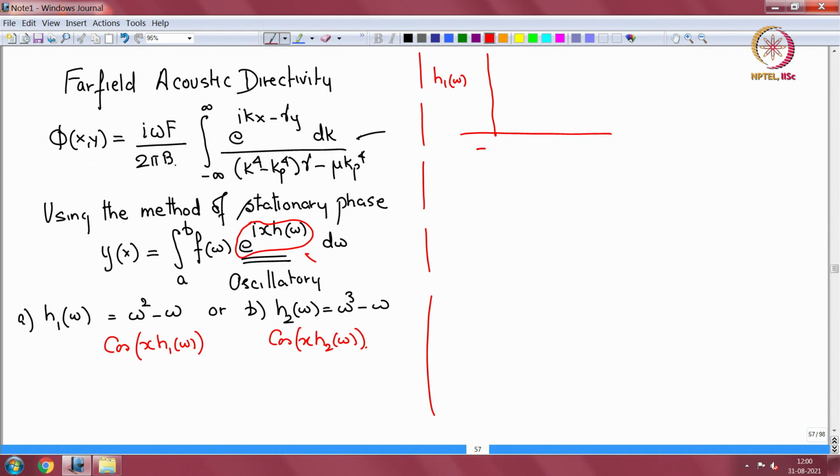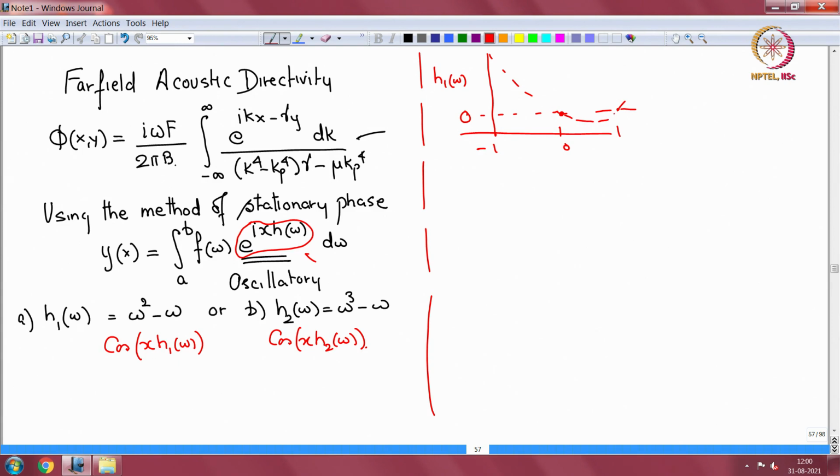So minus 1, 0, 1. It goes through 0 at 0 and it goes through 0 at 1.